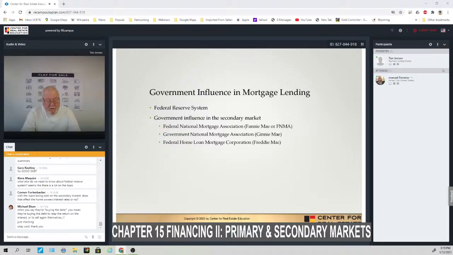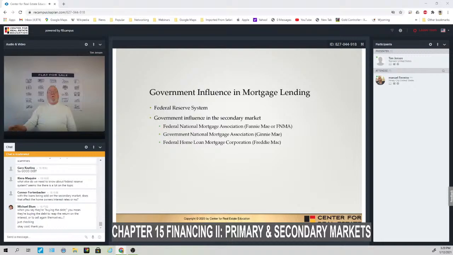Subprime lenders, they're targeting the high-risk loans. Low income, moderate income loans, they're buying those too. As Ginnie Mae makes money, they pay off through a pass-through to the certificate holder as profit, kind of like a dividend. Ginnie Mae, again, buys low and moderate income and high-risk mortgages. Fannie Mae buys FHA loans.